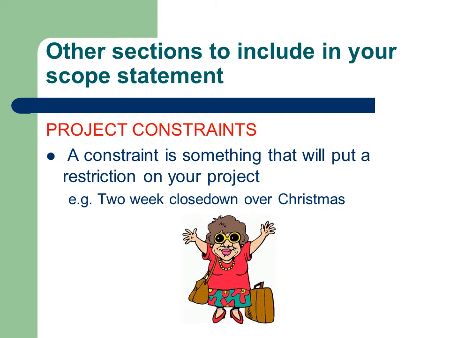Examples of constraints may be a fixed budget or the number of resources available to you. For the swimming pool project, one constraint may be a 2-week shutdown over the Christmas period when no work will be done. Many project plans have failed due to constraints not being taken into account during the planning process.